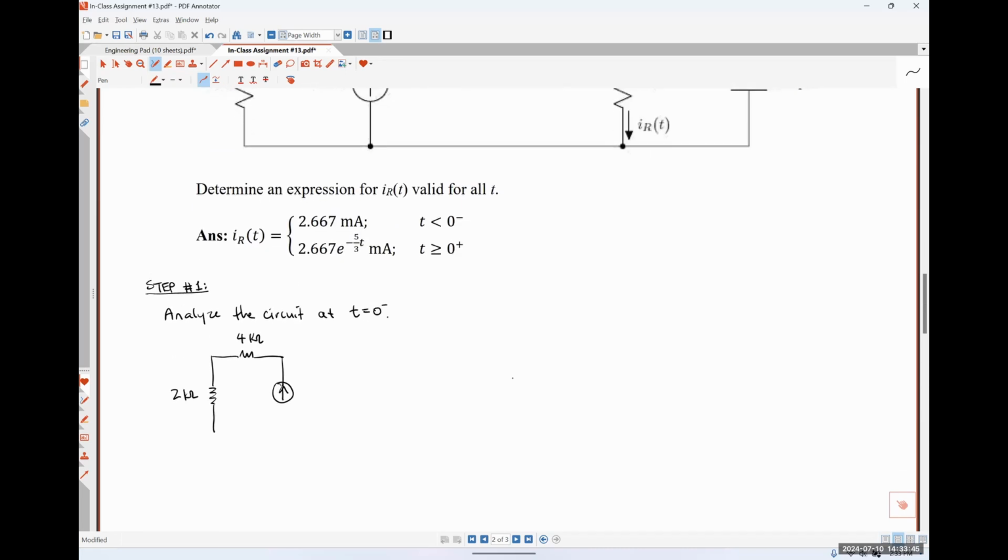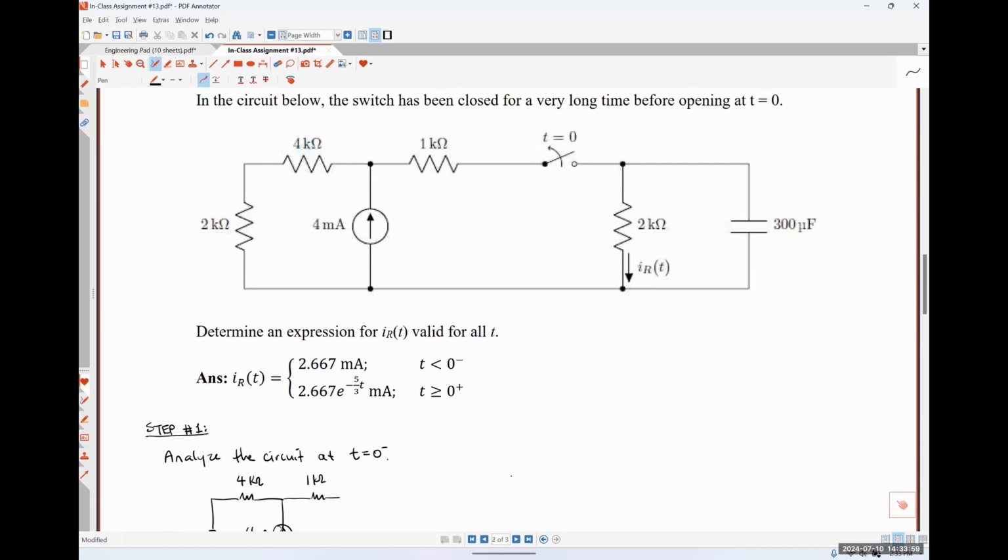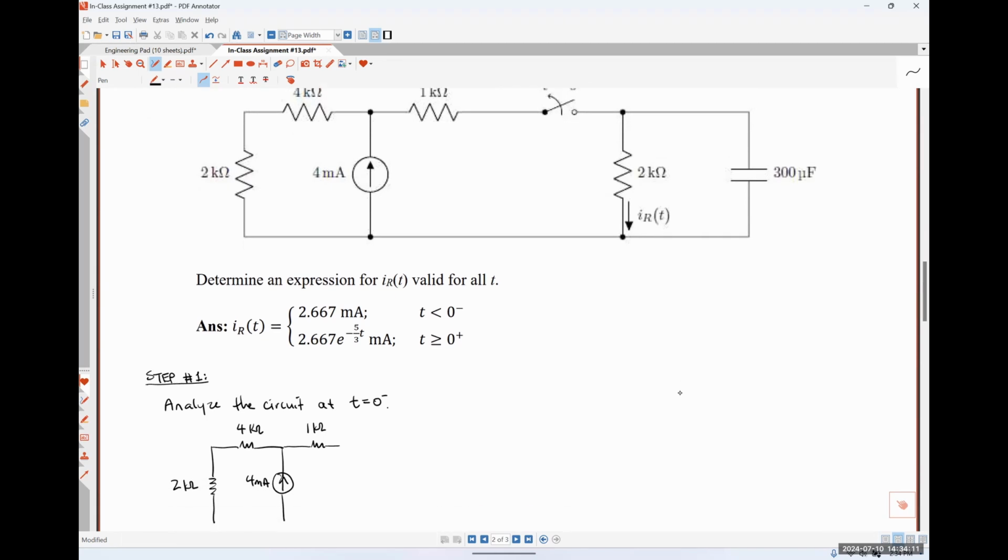We have a current source that is 4 milliamps, direction up. We've got a 1 kilo ohm resistor over here. And at t is equal to 0 minus, our switch is closed because we're told the switch has been closed for a very long time before opening. So my switch is just going to look like a short circuit.